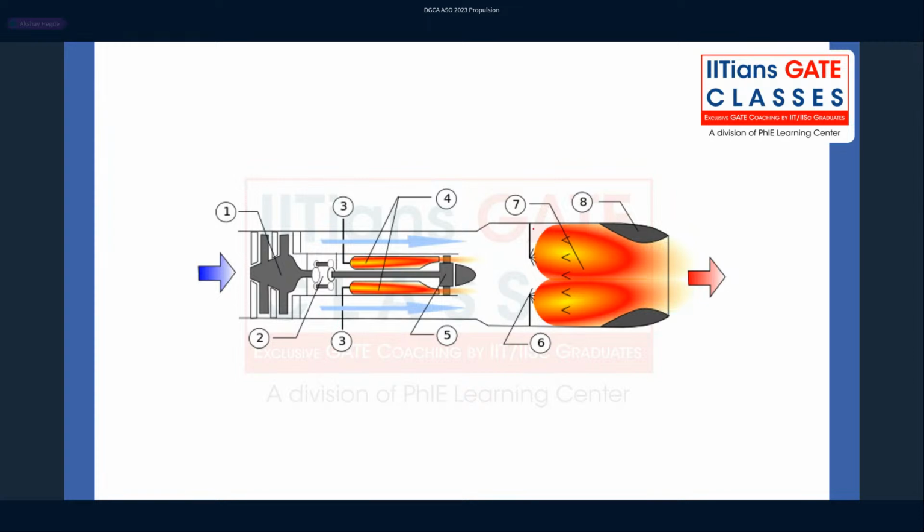The turbo rocket engine, by definition, is a combination of turbojet and rocket. And we know the turbojets operate based on the air breathing concept, right? So they are air breathing engines.